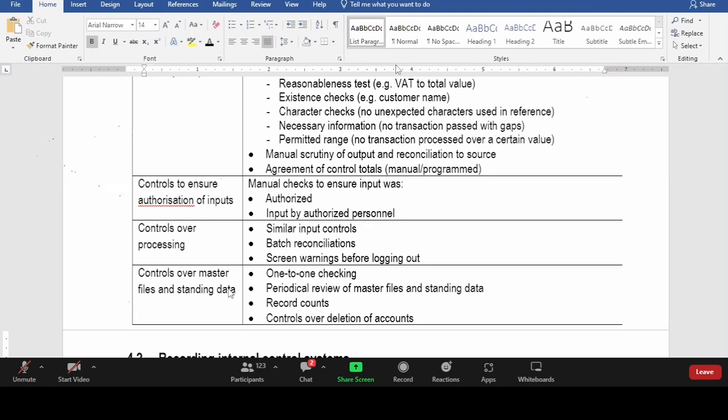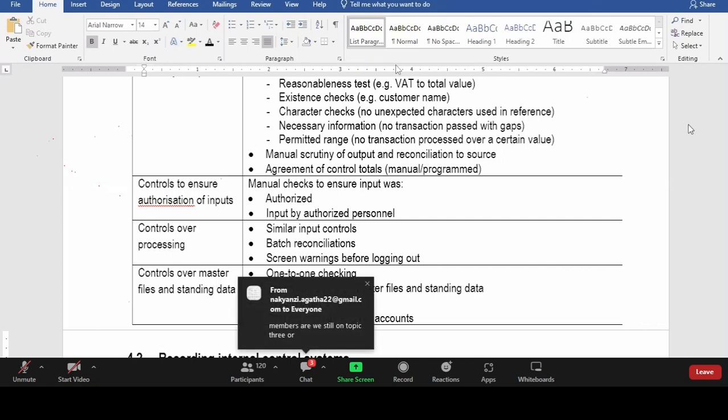People could fraudulently delete accounts of debtors with debit balances. So there must be controls to ensure that these accounts are not deleted if they have debit balances, because this money is supposed to be paid. So basically, these are some of the controls in a computerized environment.